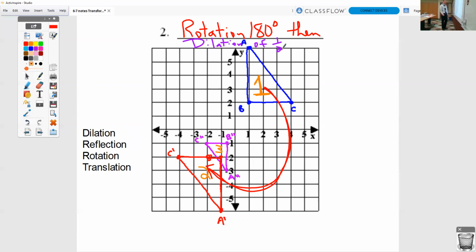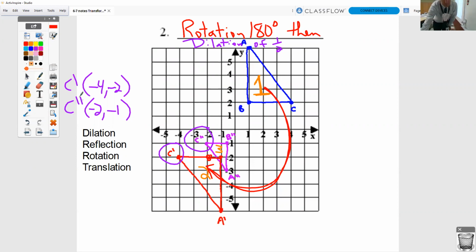Now you could use the coordinates as well. If I go and use the coordinates, I'm going to use C prime and C double prime. C prime is -4, -2, and C double prime is -2, -1. Again, to get from your C prime to your C double prime, you're multiplying by half, so it has to be 1/2.